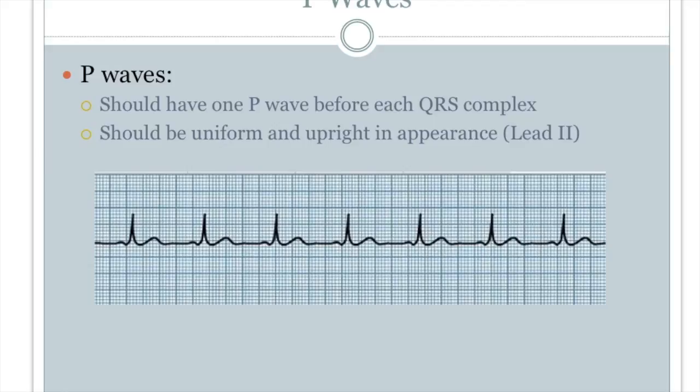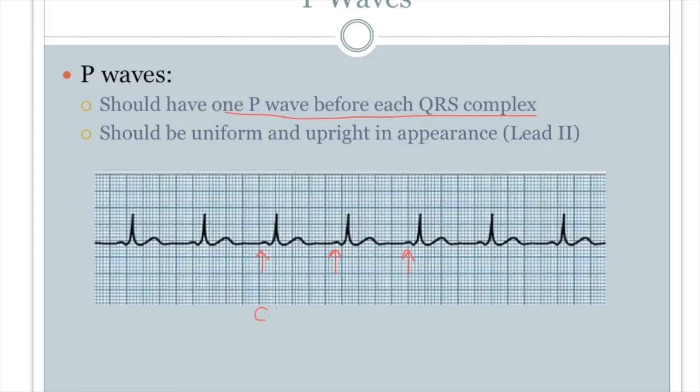Okay, when we look at P waves, when we're determining what kind of a rhythm we're looking at, we want to make sure that we have a P wave in front of each QRS. We have a P wave, P wave, P wave. There should be one in front of each QRS.